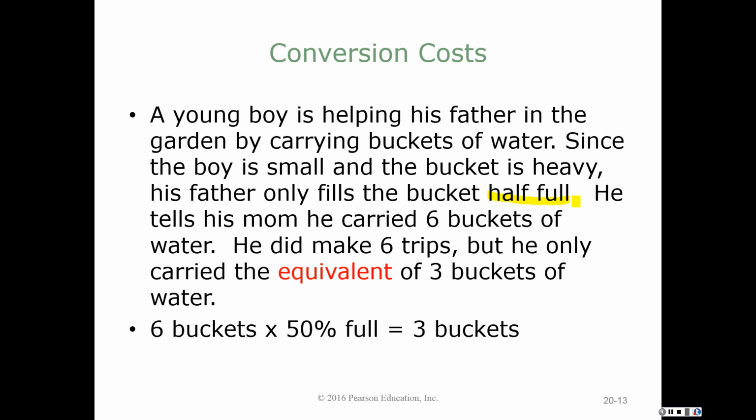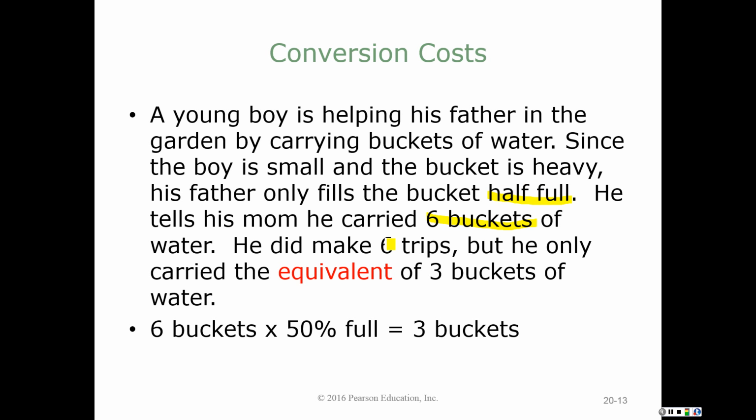If he comes home at the end of the day and he tells his mom, I carried 6 buckets of water to the garden, did he really carry the equivalent of 6 full buckets of water to the garden? No. Our story tells us that his dad only filled the buckets half full.